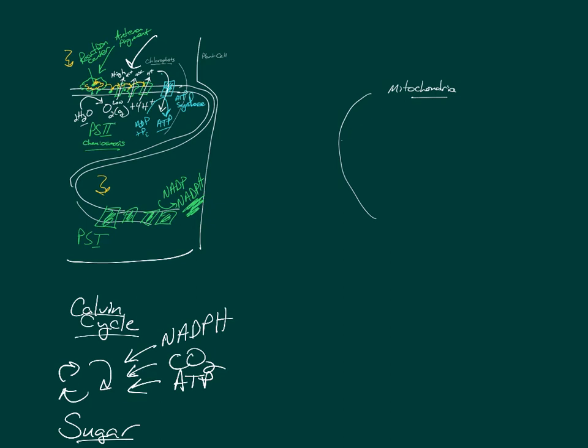Now the plant can use sugar for a lot of different things, right? But one of the things you can do with sugar is, out in the cytoplasm, you can do glycolysis. And in animals, this is the only thing you do. In plants, you can do both. Glycolysis is going to break the glucose up into two pyruvates.